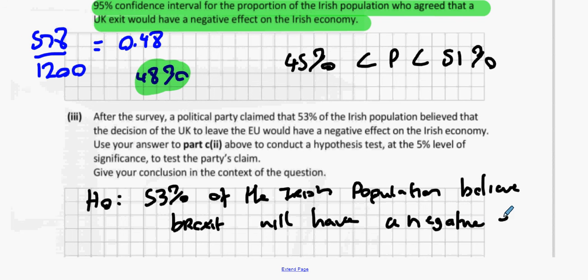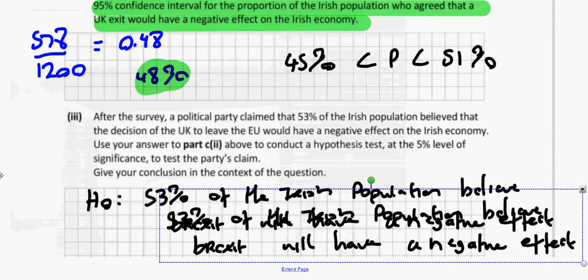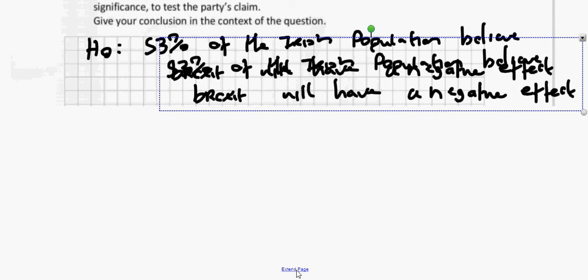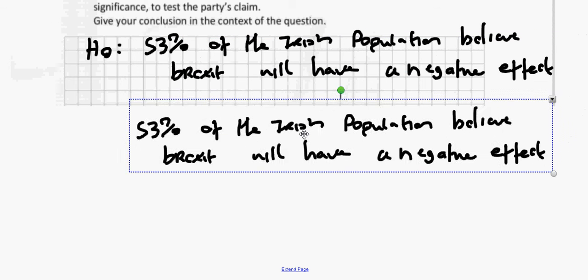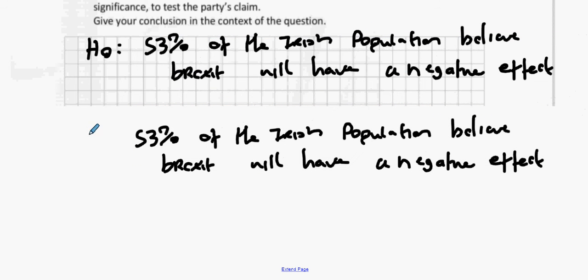Now, what's the alternate hypothesis? The alternate hypothesis is quite simply, see the way I say believe? What's the opposite of believing? Do not believe.